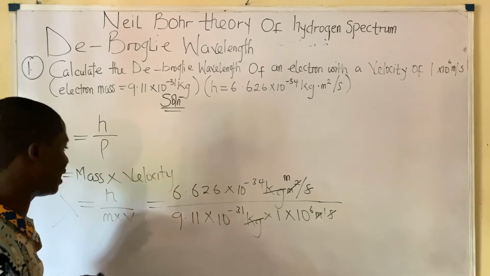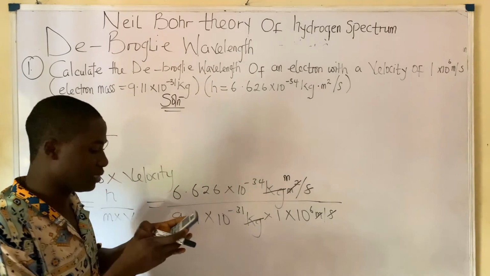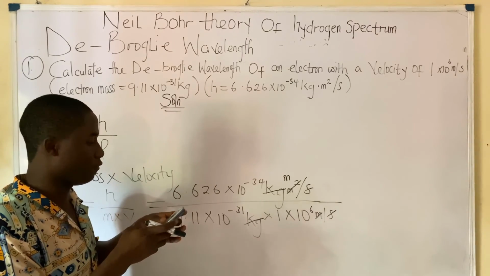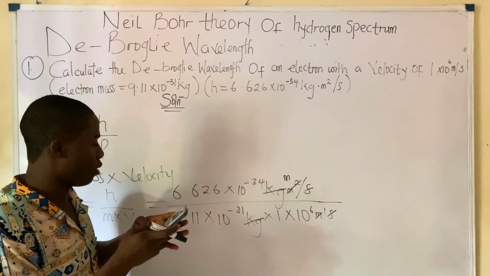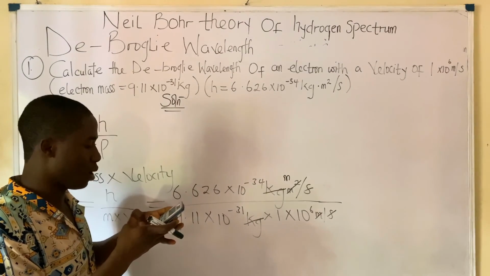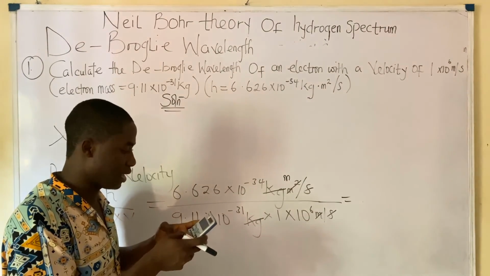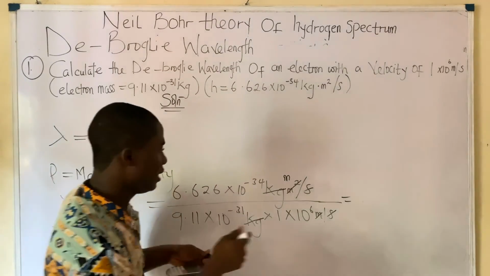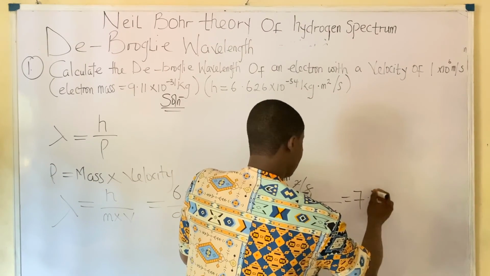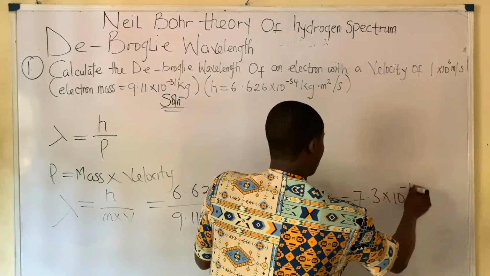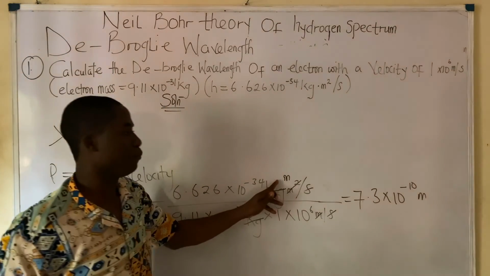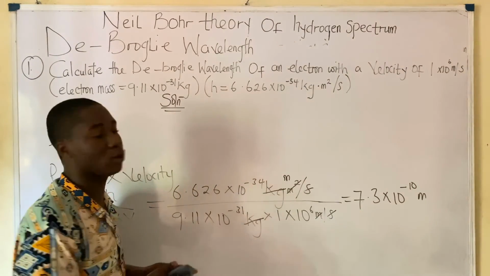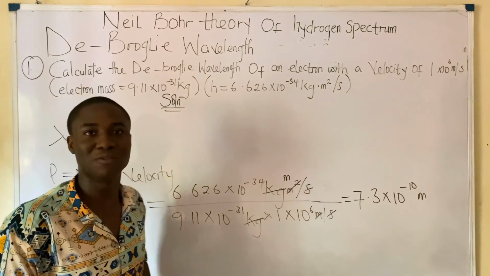So let's solve: 6.626 times 10 to the power minus 34 divided by 9.11 times 10 to the power minus 31 times 1 times 10 raised to the power of positive 6. We are having 7.3 times 10 raised to the power of minus 10 meters, because this is the only unit remaining. So you can see how questions on de Broglie's wavelength are solved without stress.